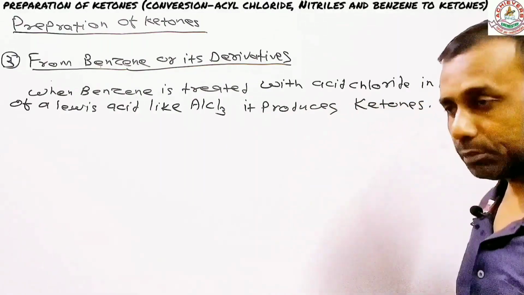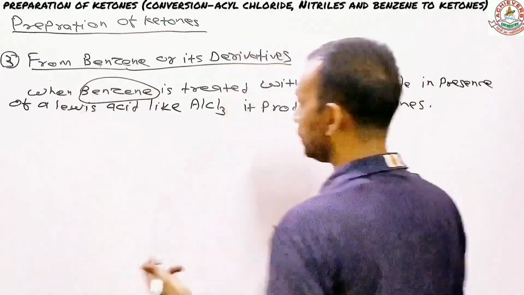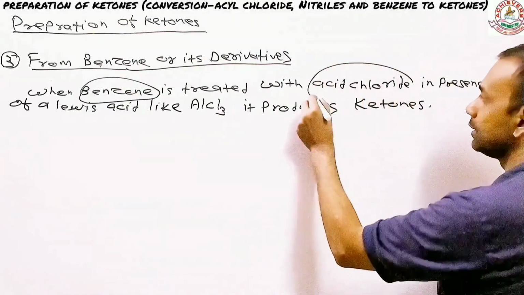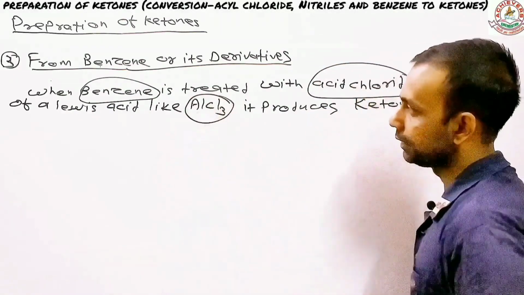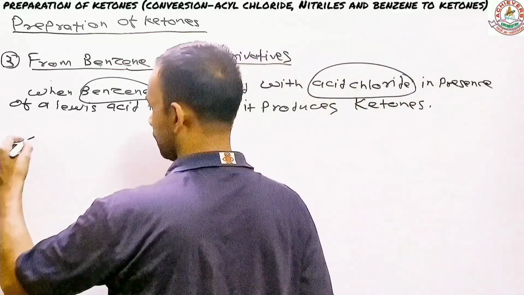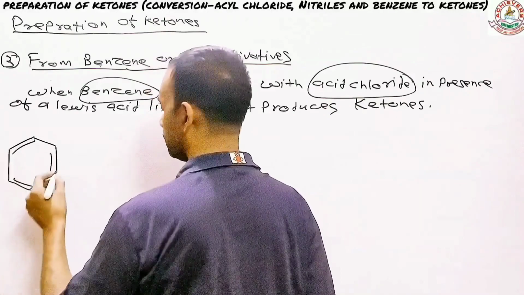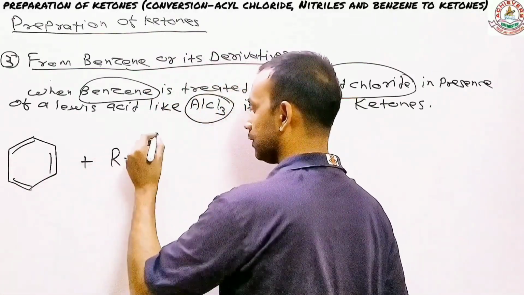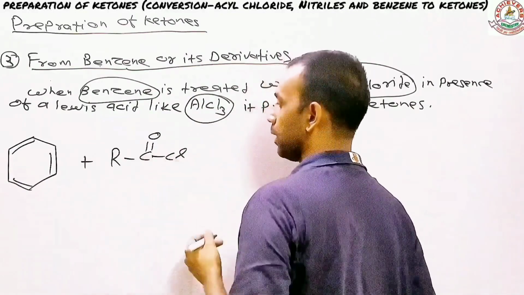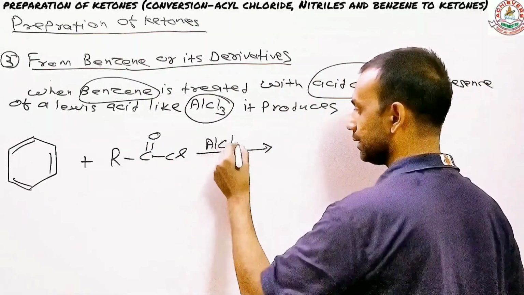Now, let me repeat. We have our reactant benzene or benzene related, and then you have your acid chloride. We are going to use both of them, but in presence of AlCl3. So there you have your benzene, and then you have to use an acid chloride, and this reaction is carried out in presence of AlCl3.